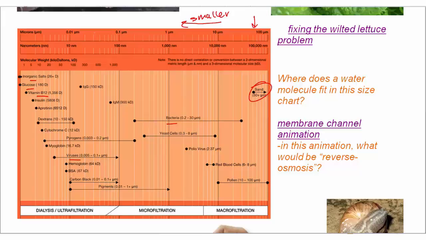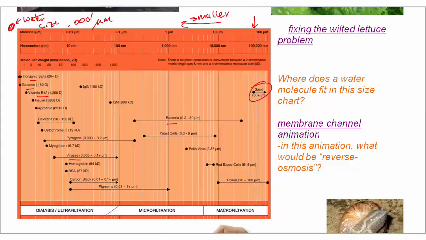Now you're getting down to where water is. Water is probably way over here somewhere, like 0.0001 microns, 0.0001 times 10 to the negative 6 meters. So water's really small.